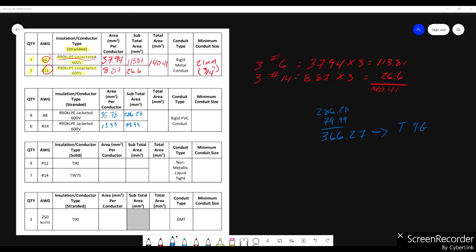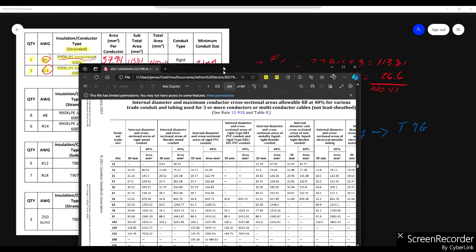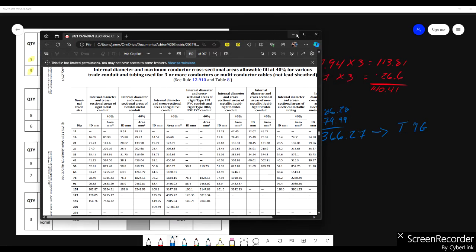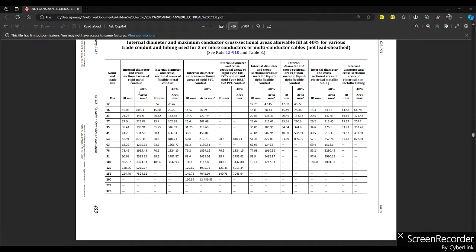So 366.27, we need a conduit rigid PVC that's larger than that. Rigid PVC is the third option, and it looks like we're going to be using a 41 millimeter conduit, which is good for 456.04.